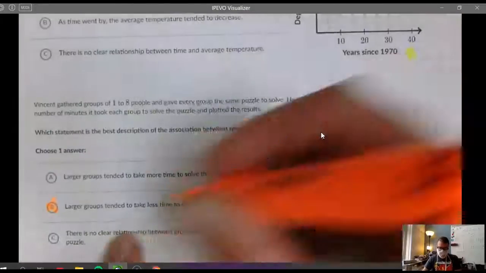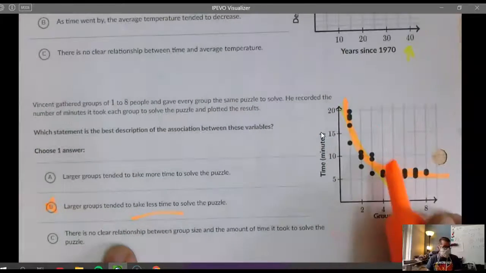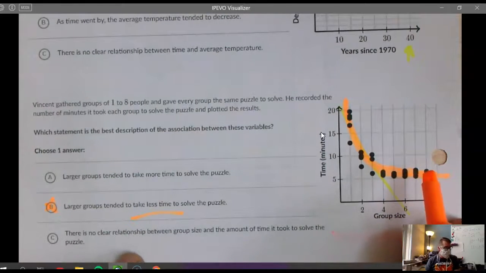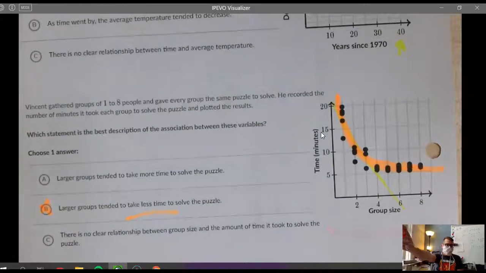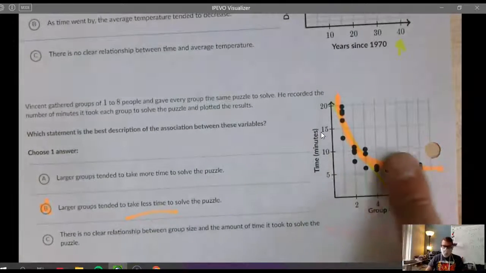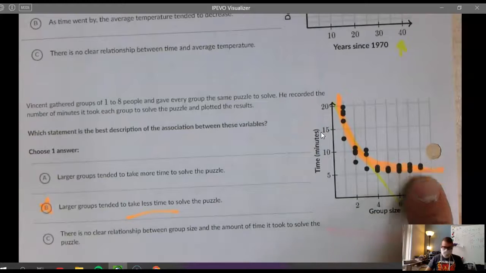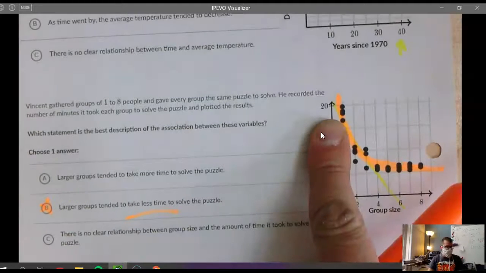I'm thinking this, because based off what we see, I don't disagree with Dewan. I think once you get a group that is too big, it just complicates things. But based off the data, bigger groups take less time. Smaller groups take more time.